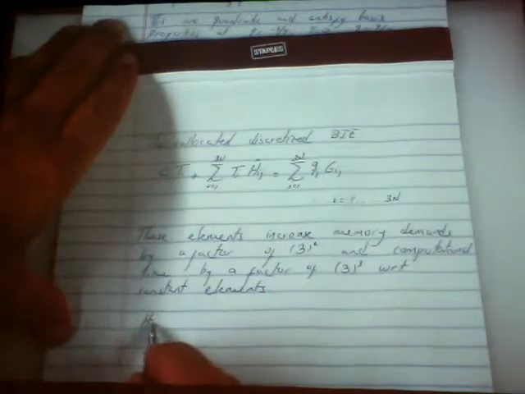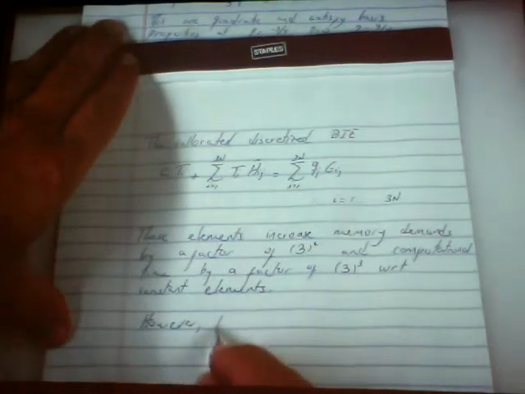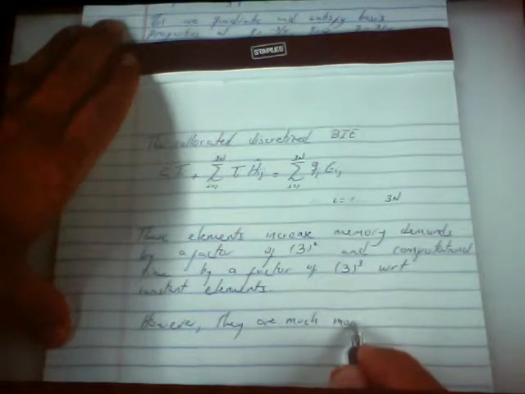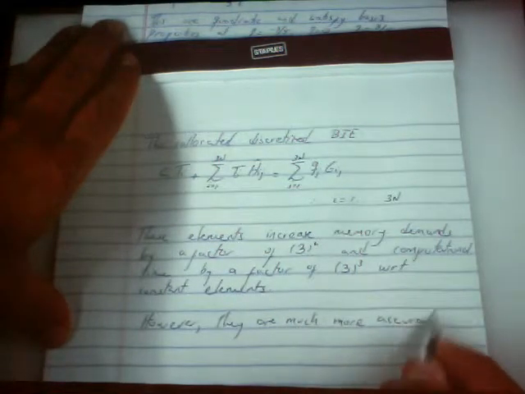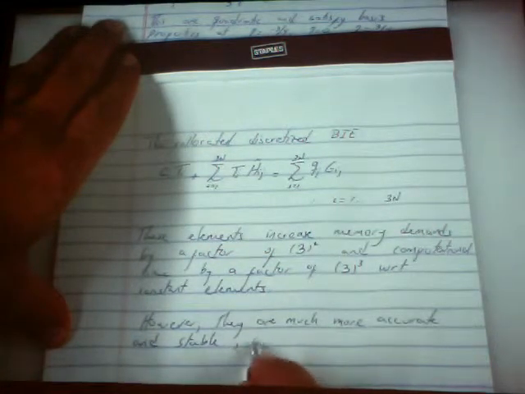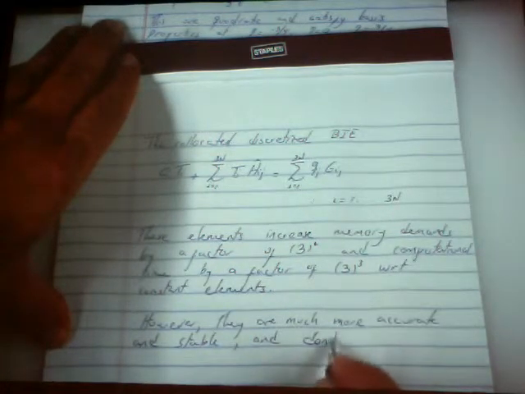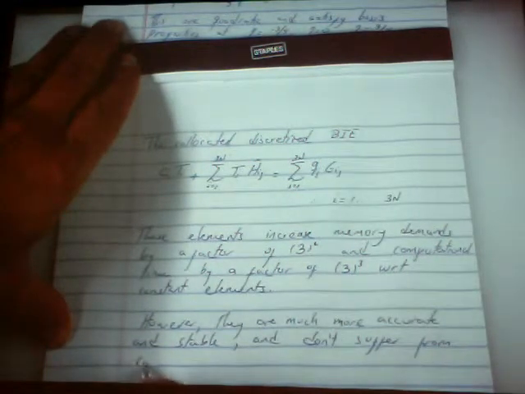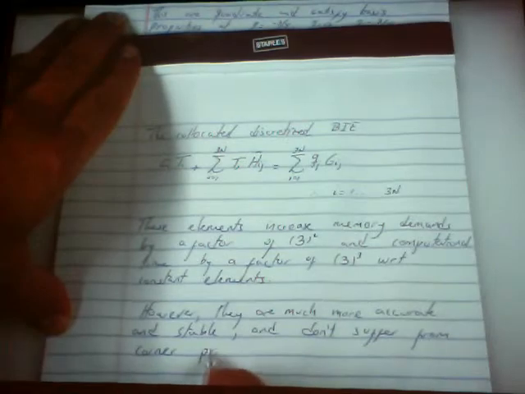However, they are much more accurate and stable, and don't suffer from corner problems.